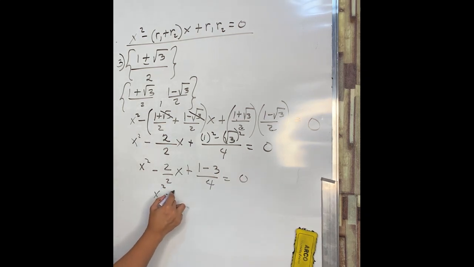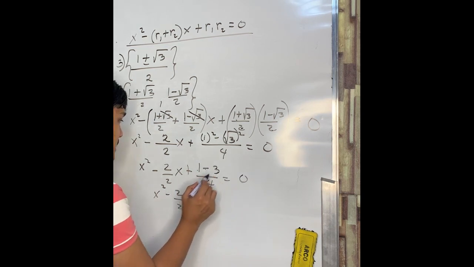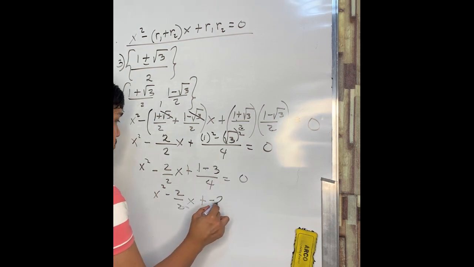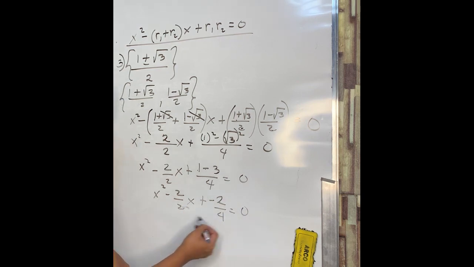X squared minus 2 over 2x plus 1 minus 3 is negative 2 over 4 is equal to 0. We could get the simplest form of negative 2 over 4, and that is negative 1/2. So negative 2 over 2x plus or minus 1/2 is equal to 0.